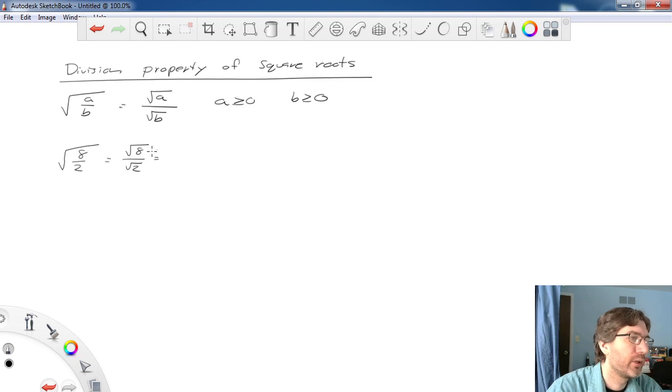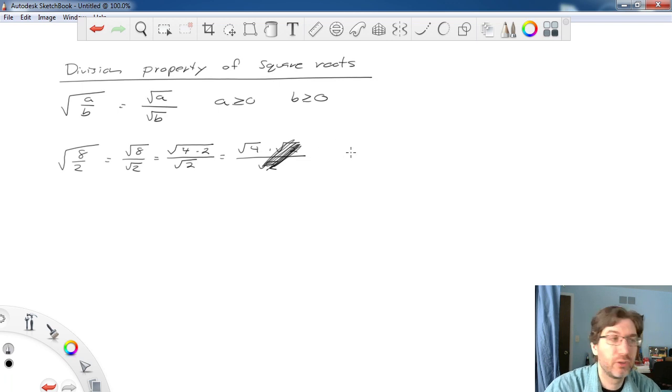Just looking at your numerator right now, the square root of 8 is actually the square root of 4 times 2. And then our denominator we didn't touch, which would be 2. And that's going to equal, again, you can pull this apart, the square root of 4 times the square root of 2, all divided by the square root of 2. You should note that these will cancel now. Square root of 2 divided by the square root of 2 is 1, and that leaves you with this.